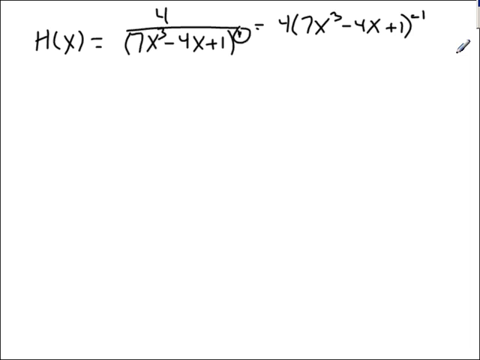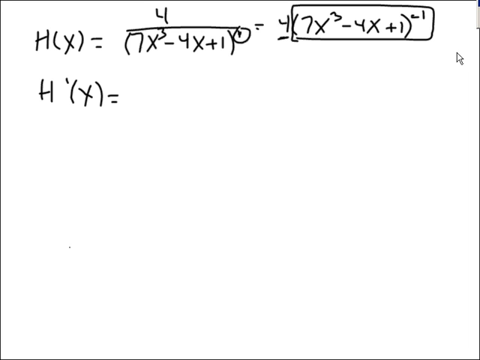So now we're going to use the general power rule along with the constant rule. You have a constant times a function. So just like when you had 4x to the negative 1, the derivative of that, you multiply, you get negative 4, keep this the same, make the new power 1 less.